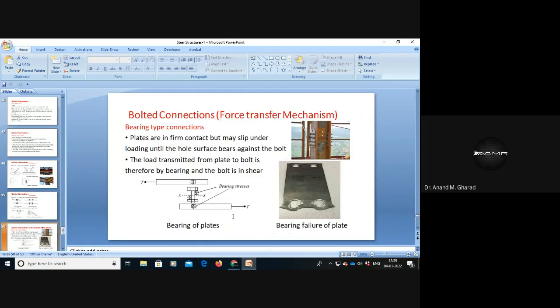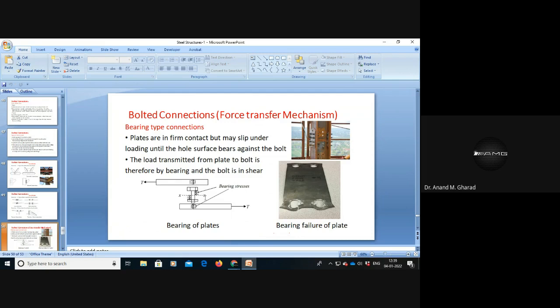Then we have also seen what are the different types of force transfer mechanisms. First force transfer mechanism is bearing, and I think I had told you that when this bolt which is inserted in the hole created in the plate comes in contact with the plate surface, some force is exerted by the plate on the bolt, because of which stresses are developed.